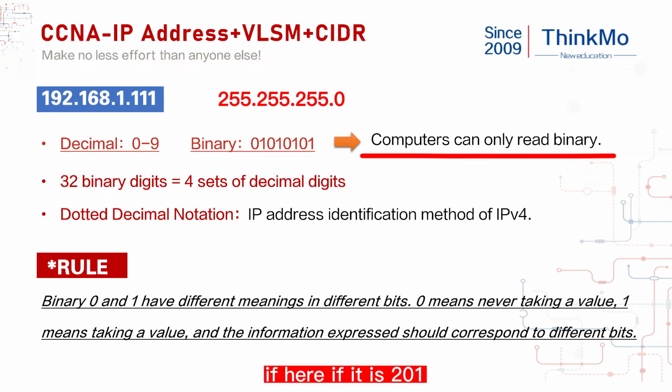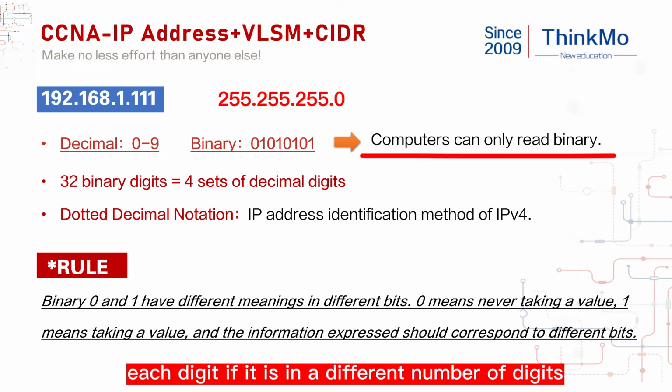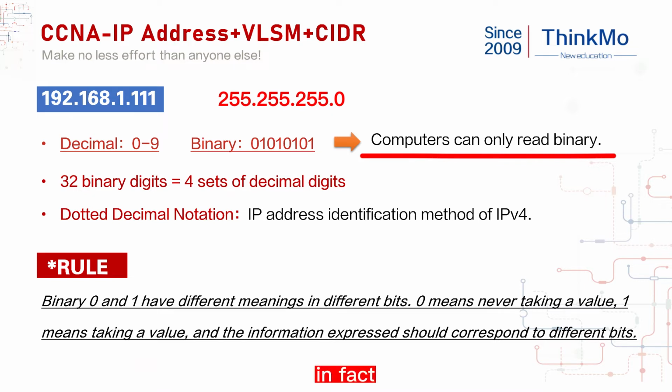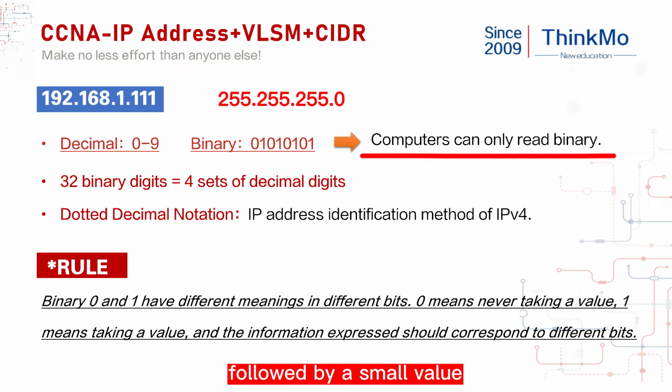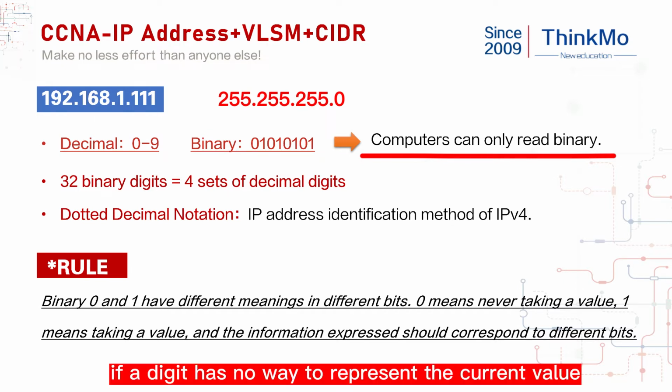If it is 201, there are 2 hundreds. Everyone will find that each digit, in a different position, represents a different value. The value is small at the back and large at the front.